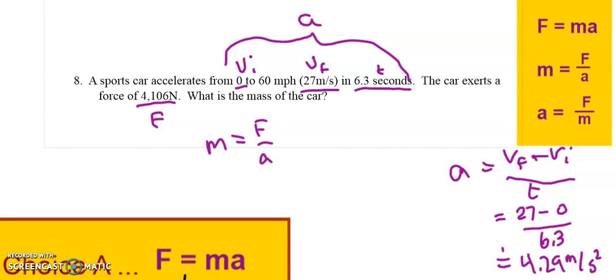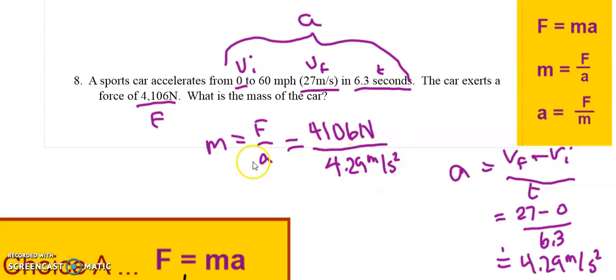Okay, so now we'll take this information down here and insert it into our problem. We've got force equaling 41.06 newtons. We just calculated our acceleration. It is 4.29 meters per second squared.